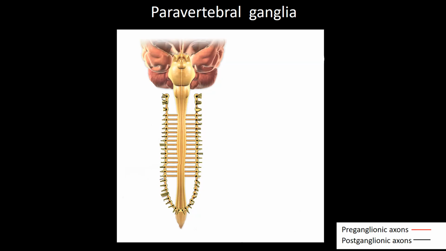All paravertebral ganglia's neurons are in the sympathetic vertebral chain, as you can see here represented by the little black dots. Some of these neurons are in ganglia corresponding to the levels of the intermediate horn column in the spinal cord.